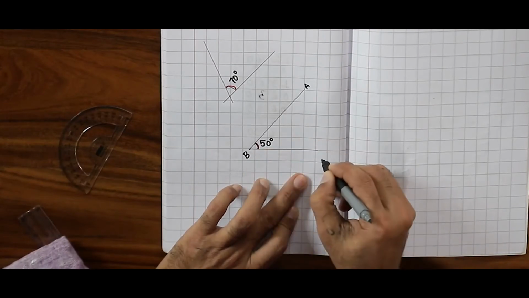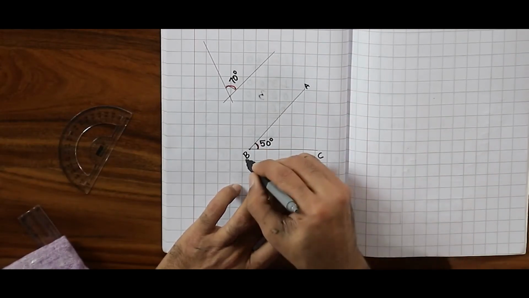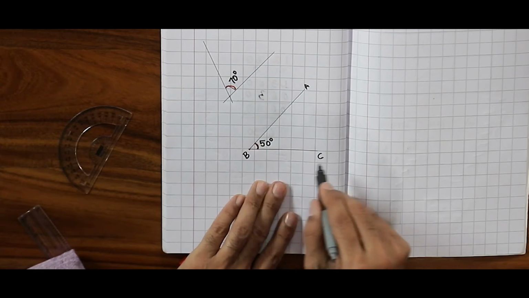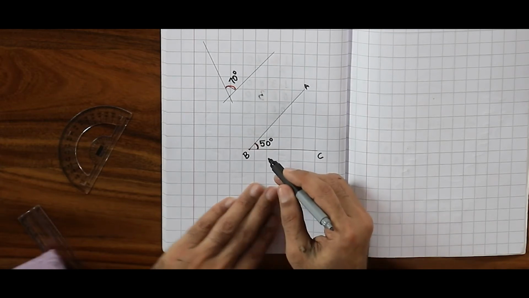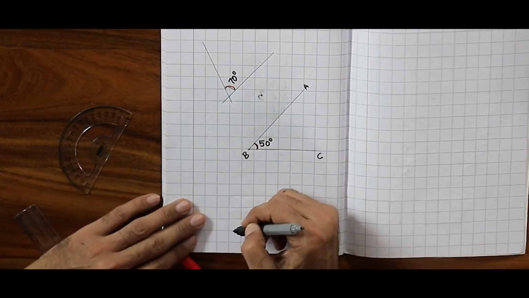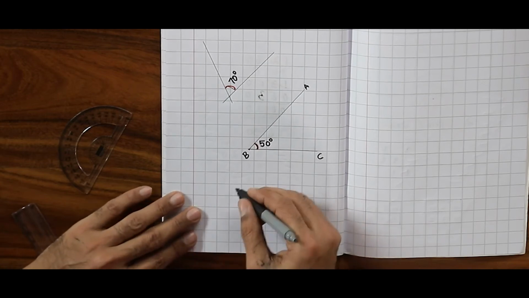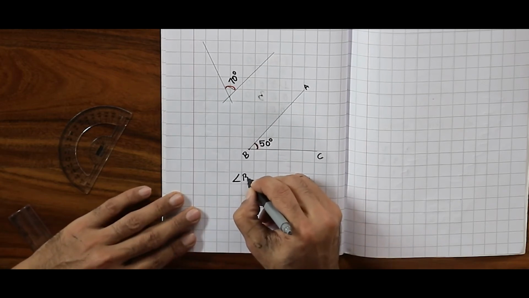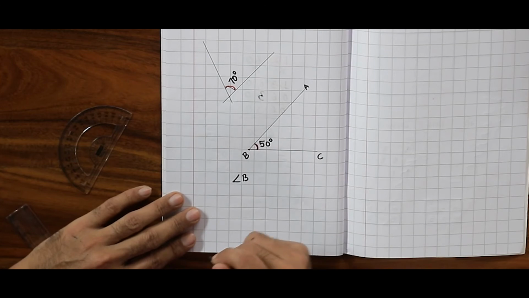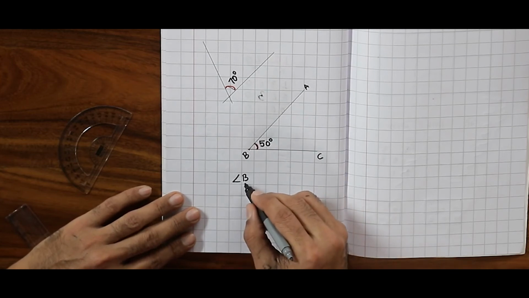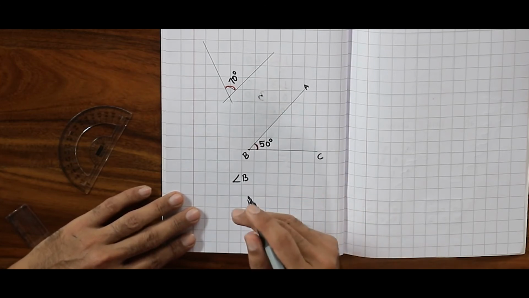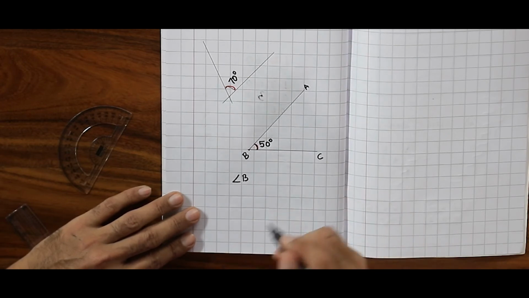Similarly, if I give names to these points, let us say A, B, and C. AB is a line, BC is another line. The angle is formed at the point B. Angle B is denoted this way, but this is not necessary at grade 4 or 5, but in later classes this will be necessary.